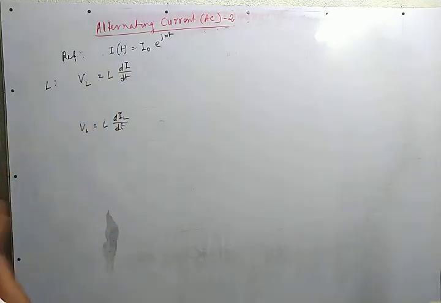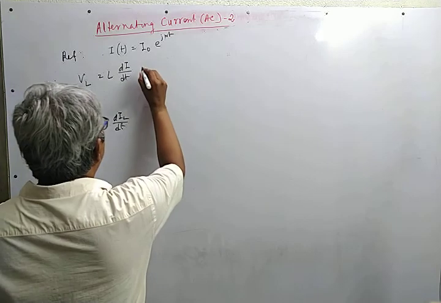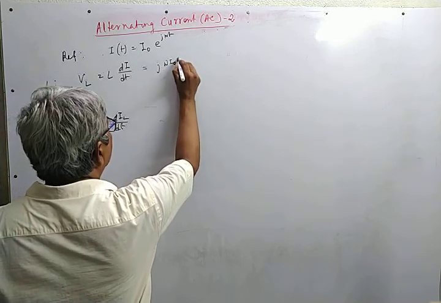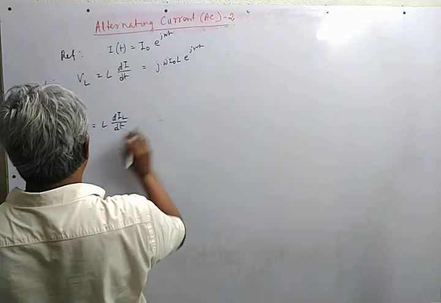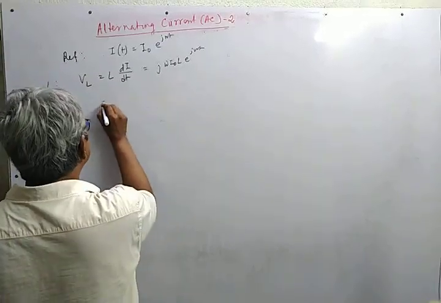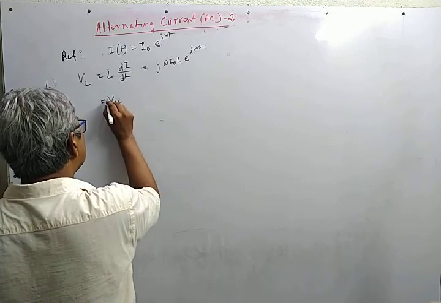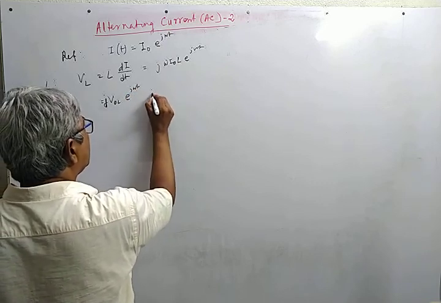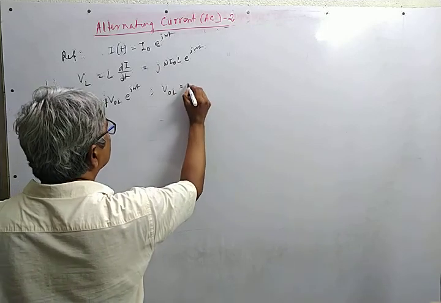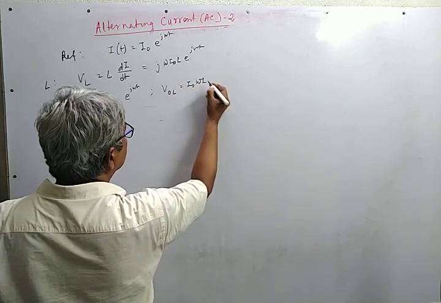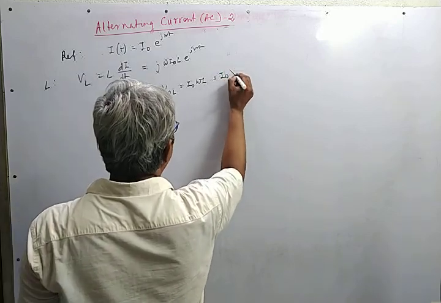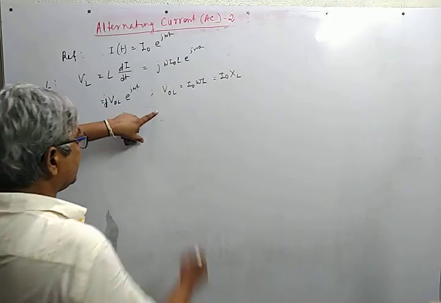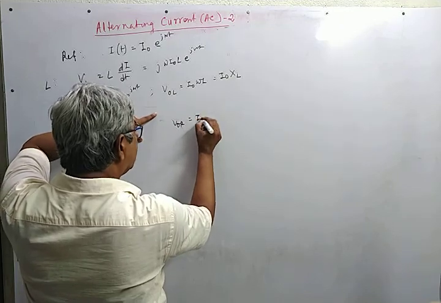Since I is the reference one, we have omitted the subscript L on it, and so we get j omega L I0 e to the power j omega t, and the corresponding definition is V0L is equal to omega L I0.